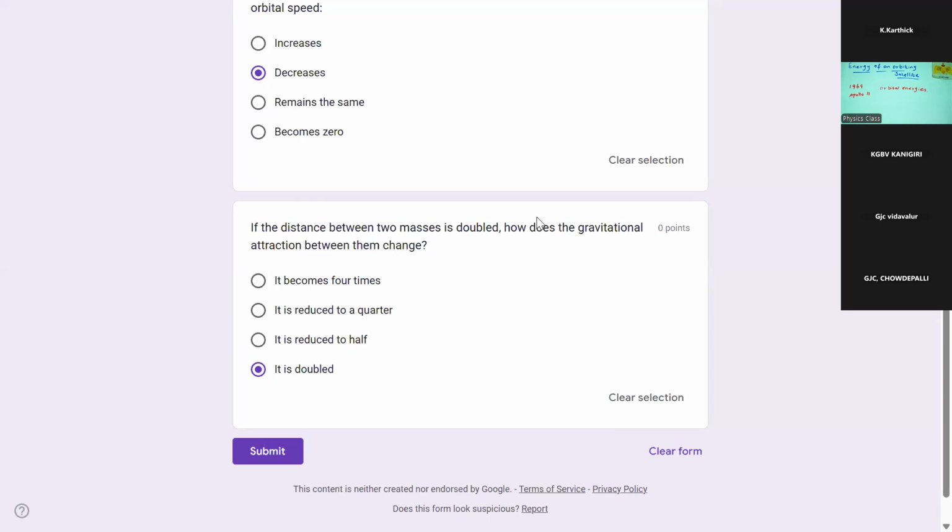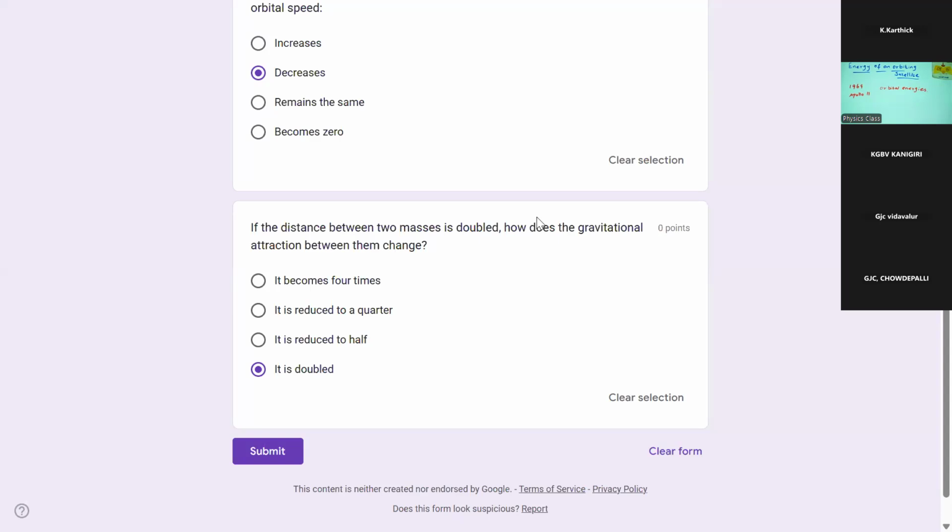It becomes 4 times. Is it correct? Here, you can remember that the force of attraction between two masses depends upon the masses of the planets or objects, but is inversely proportional to the distance.